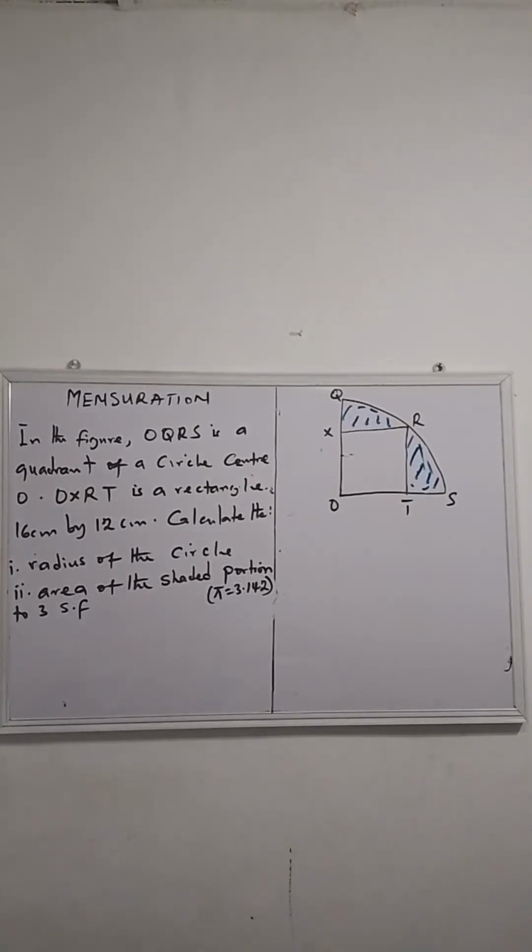Okay, let me just give you like 30 seconds more because of our time so that we solve it together. Pi is used. Radius is half a diameter. You are correct. Radius is half a diameter, yes.